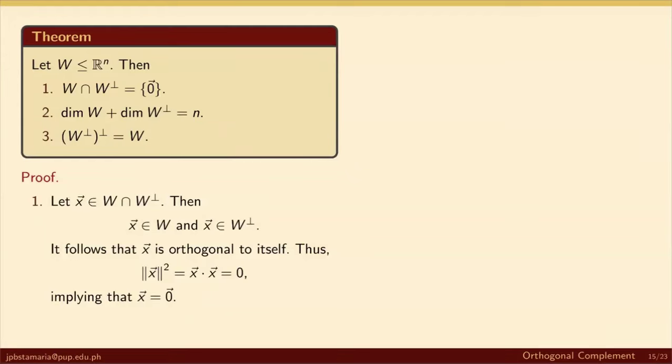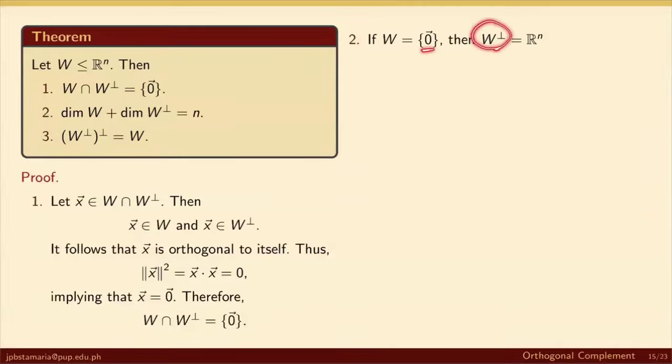The conclusion is that the intersection only contains the origin. We now prove equation number 2, but before we prove this in general, we take a trivial case, the case when W is the trivial subspace. If W contains only the 0 vector, of course, every vector is orthogonal to the 0 vector.